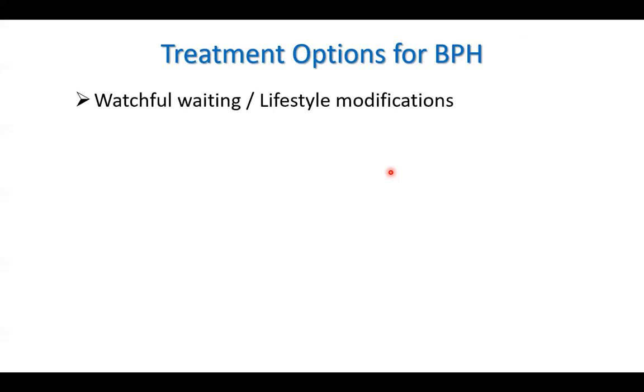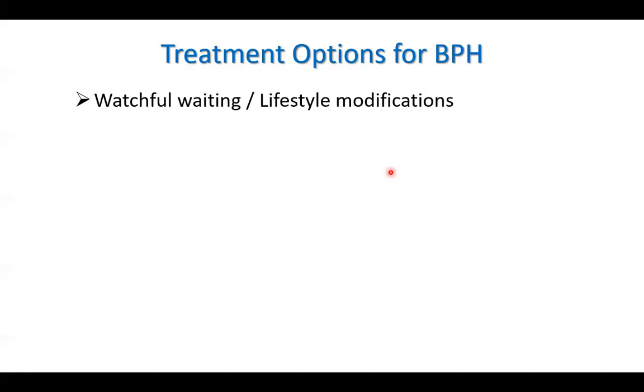Good. So the first thing that we usually do, if the symptoms are not that bad and the patient is not bothered by those symptoms, even if they have symptoms, we can do watchful waiting, because drugs also have their side effects.